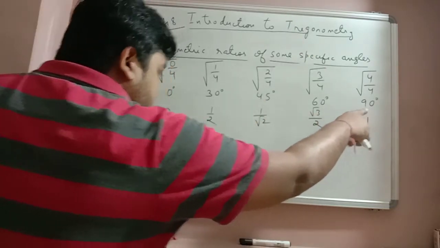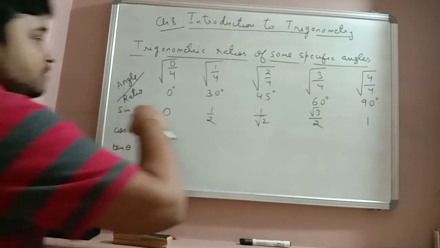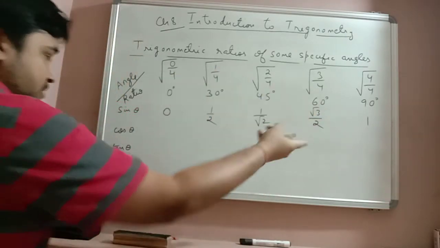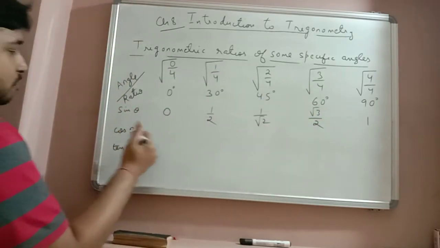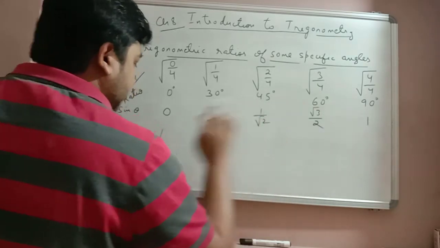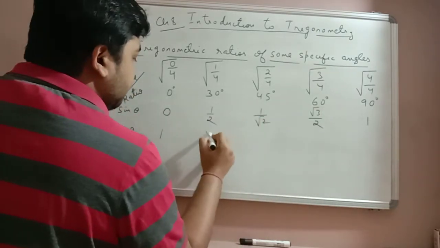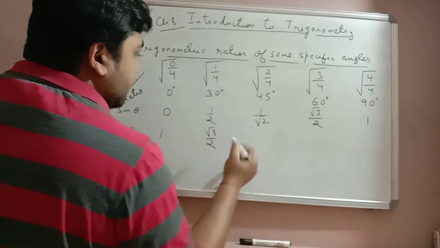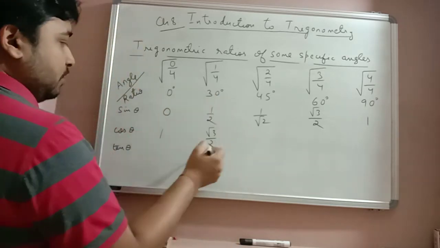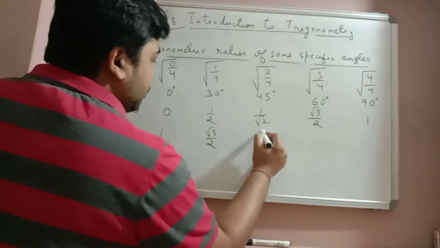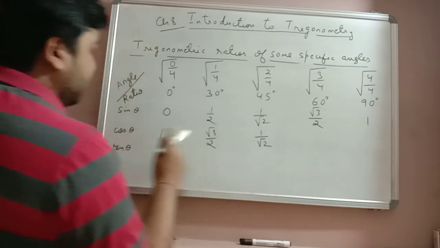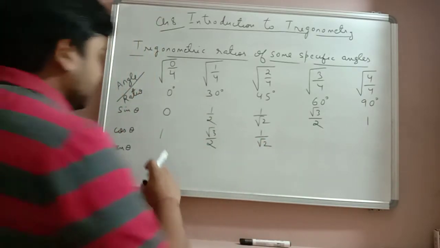Now if we reverse these values, write down in reverse order, that will be values of cos. So cos 0 is 1, I'll write down this first, and then it will be root 3 by 2. So cos 30 degree is root 3 by 2, and then it will be 1 by root 2. So cos 45 degree will be 1 by root 2.